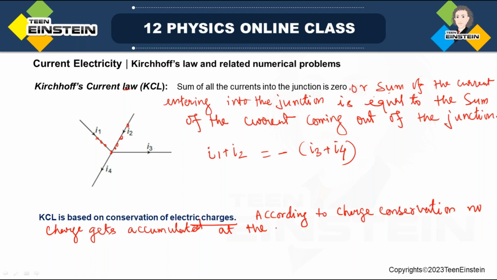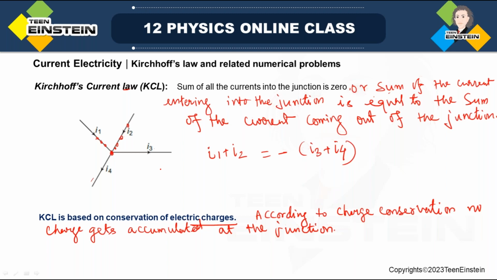That means however many charges are coming towards the junction, the same amount will go out through the conducting path. So the number of charges coming towards the junction and the number leaving the junction are the same.